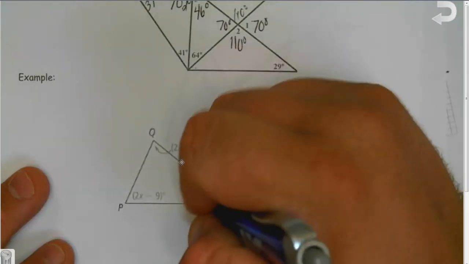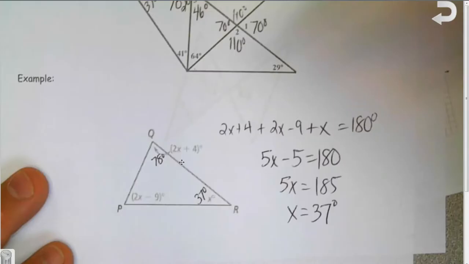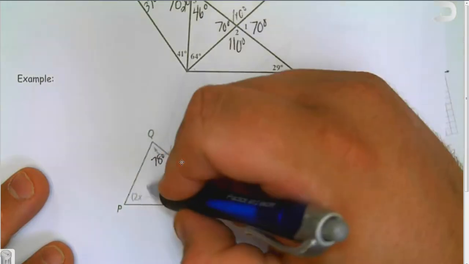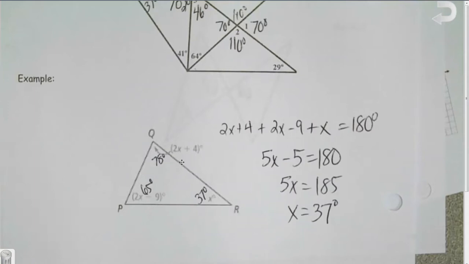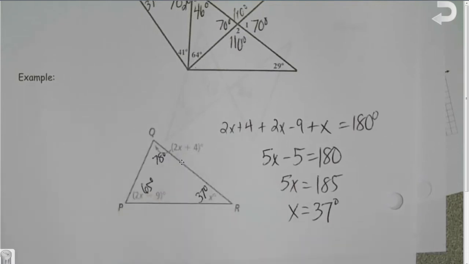Go ahead and plug in that x so that you can find the measure of the 3 angles. And as you check to make sure you did it right, all 3 angles, when added together, should equal 180 once I plug that x back in and solve. And sure enough, 78 plus 65 plus 37 does equal 180 degrees.